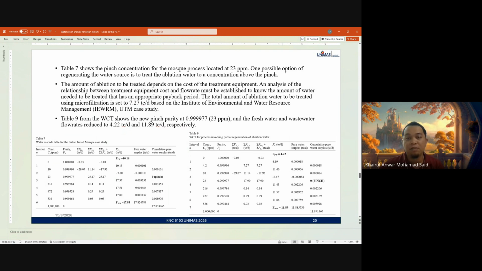One possible option of regenerating the water source is to treat the polluted water to a concentration above the pinch. So 25.17 needs to be treated above the pinch. But how do you know by how much you can reduce? It is based on the system that you choose.